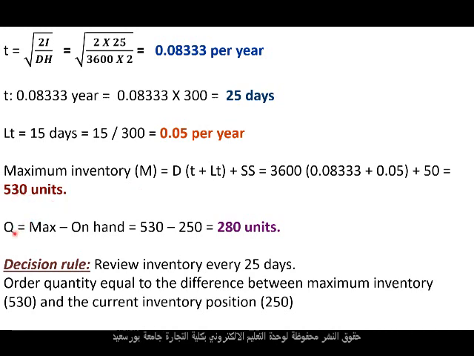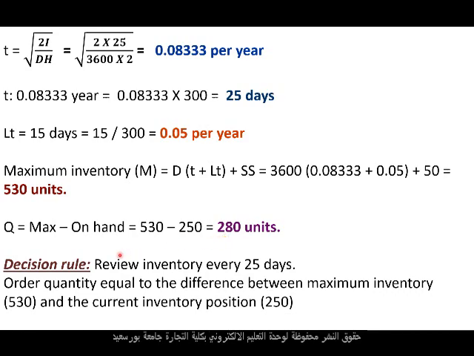How many units should you buy? Maximum minus on hand: 530 units minus 250 on hand, so the quantity should be 280.